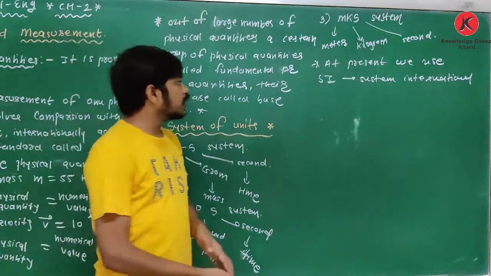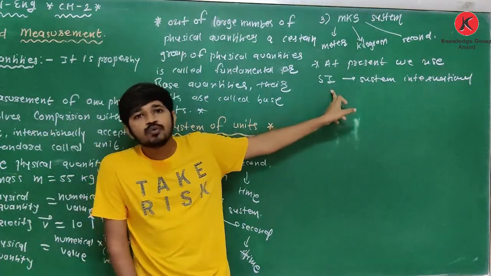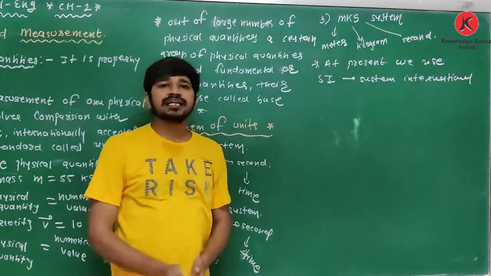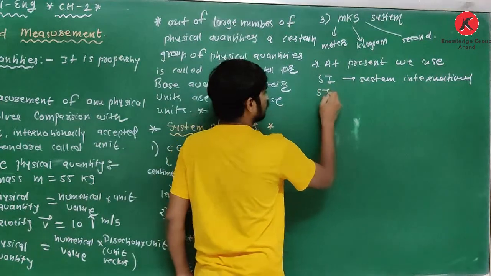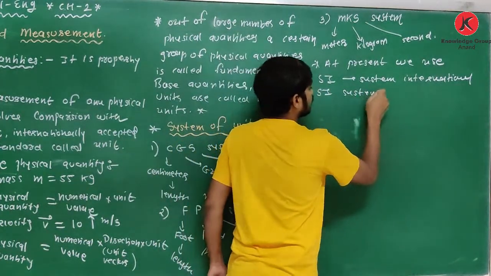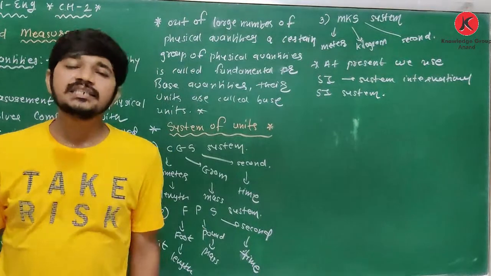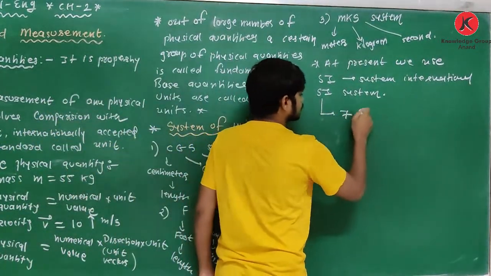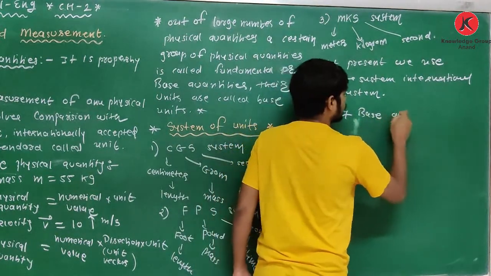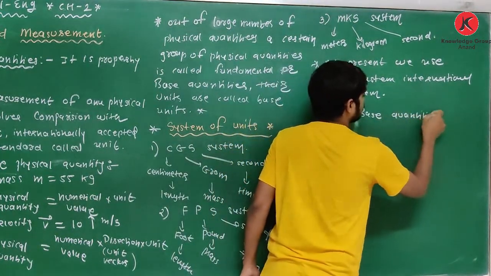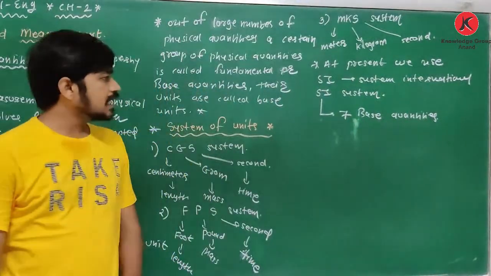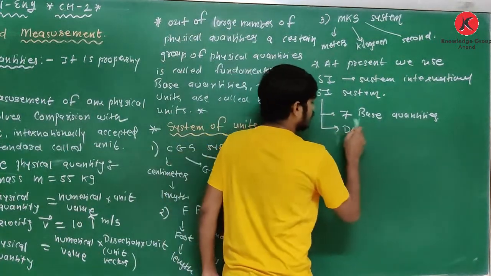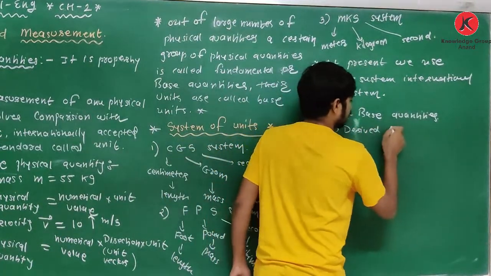So right now we are using this System International, SI system. In this SI system, there are 7 base or fundamental quantities, and other quantities are derived quantities.